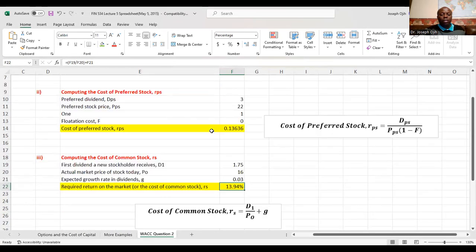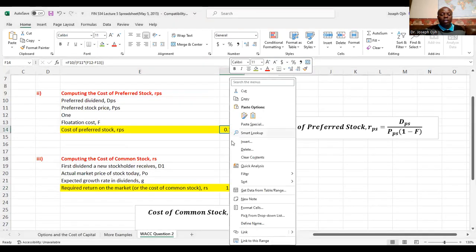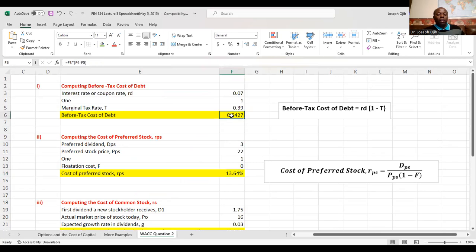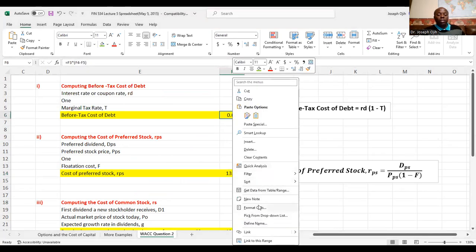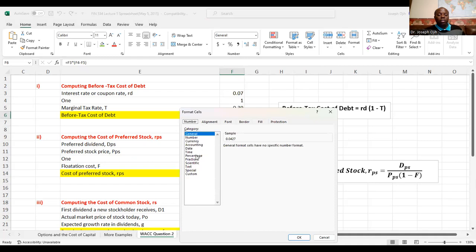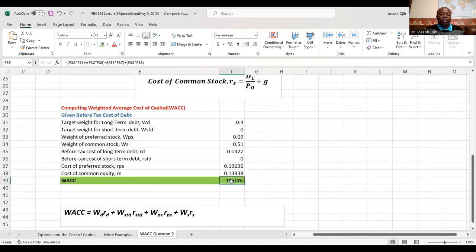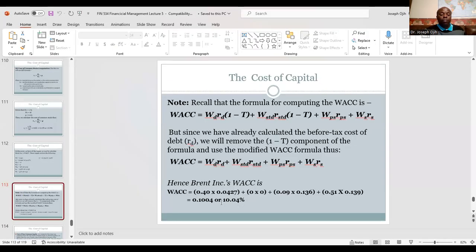Right click on it, format it, choose percentage. Then right click on this, format it, choose percentage. So you have all the answers we need. Then we have arrived at our final answer, and I have this also presented in my PowerPoint here, so you can see 10.4%.